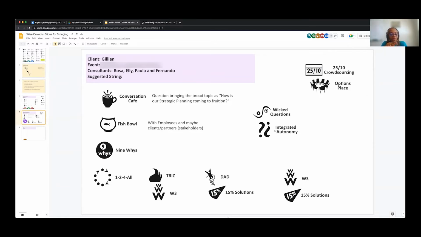And so my awesome consultants are talking about a few things leading up to asking those questions. So having a conversation cafe, perhaps to start things off with a very broad question, such as, how is strategic planning coming to fruition?